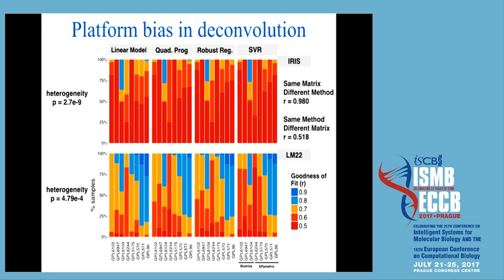Now, because we noticed that most of the accuracy of the deconvolution depends on the matrix, and because the basis matrices that we used were actually built from homogeneous expression data, so same platform and only healthy samples, we decided to build a new basis matrix that would hopefully solve this problem.